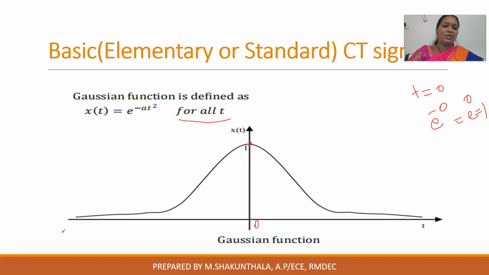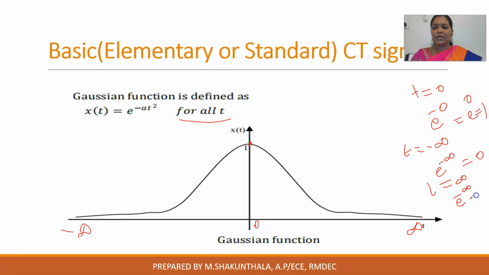What happens when I substitute t equal to minus infinity? Minus infinity squared is infinity, so e power minus infinity is nothing but 0. When I substitute t equal to infinity, infinity squared is again infinity, and e power minus infinity equals 0. So on both sides it reaches 0.